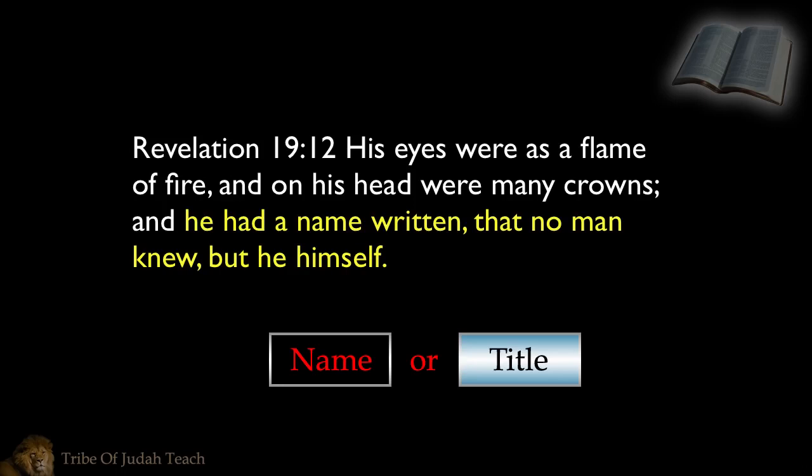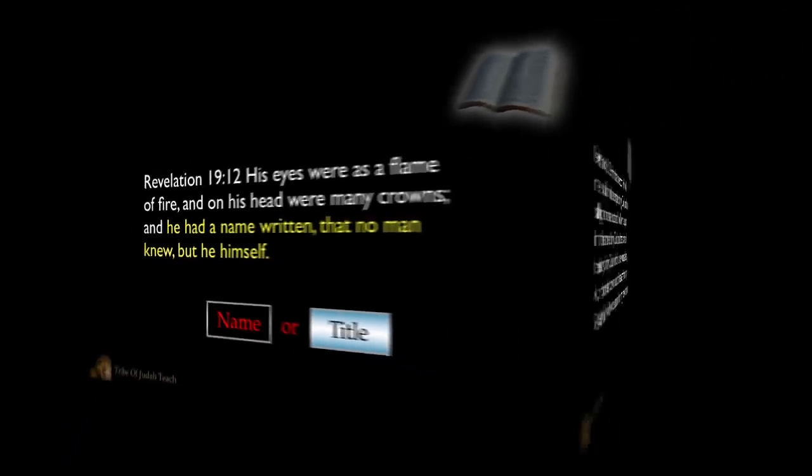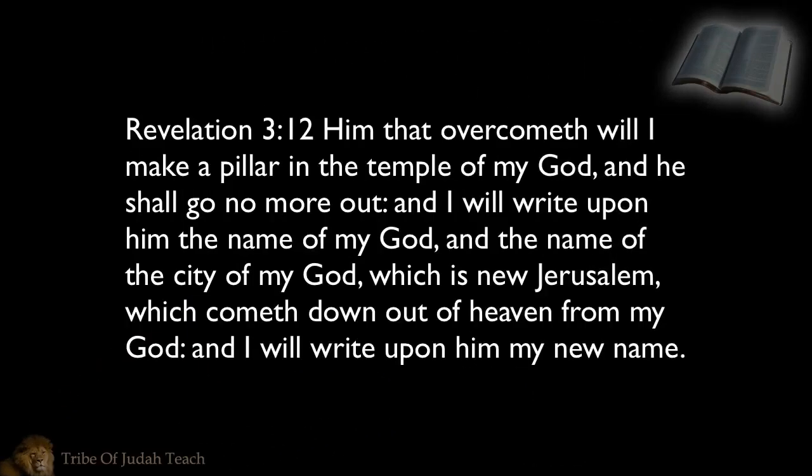See, what I wanted you to see is that the term name does not always mean a personal name. Now, let's go back to Revelation 3:12 and get the understanding of what that verse is actually saying. Here it is. It says, "Him that overcometh will I make a pillar in the temple of my God, and he shall go no more out."